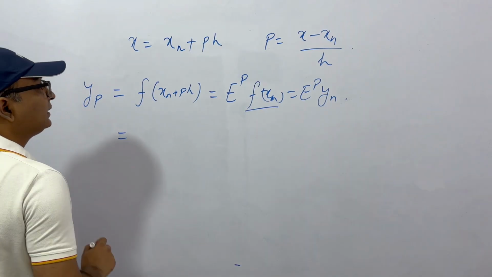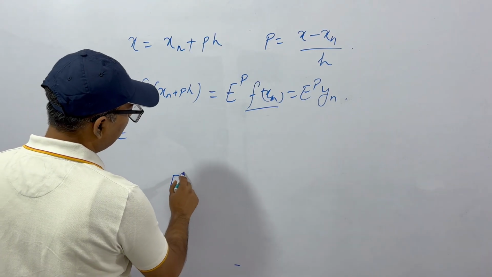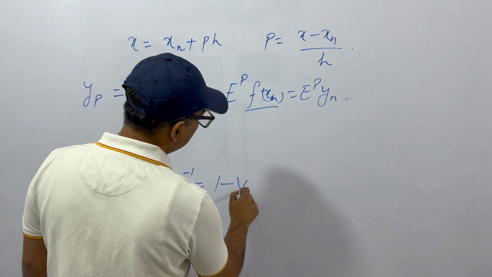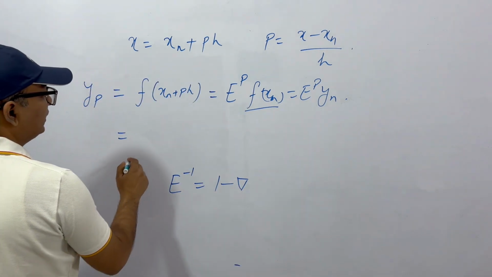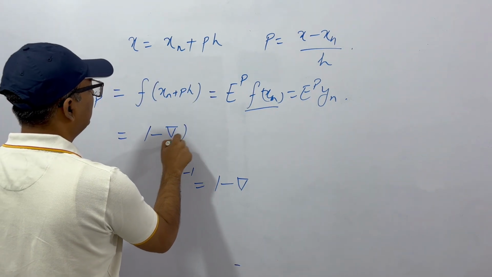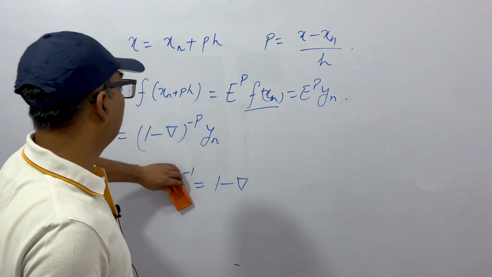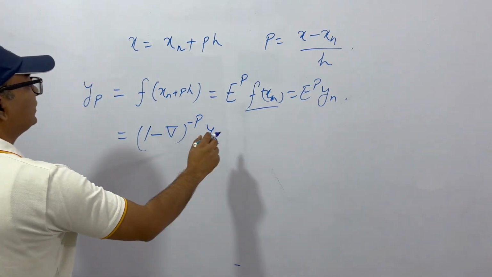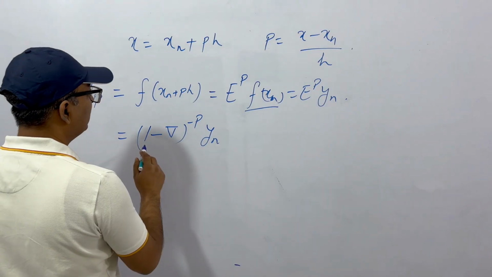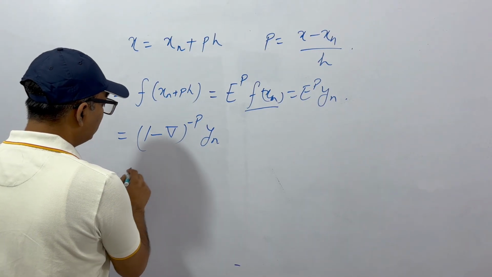Now what is E? You know that E to the power minus 1 is given as 1 minus nabla, so we can put it here. This will become (1 minus nabla) to the power minus p of yn. And now we'll expand it using binomial theorem.